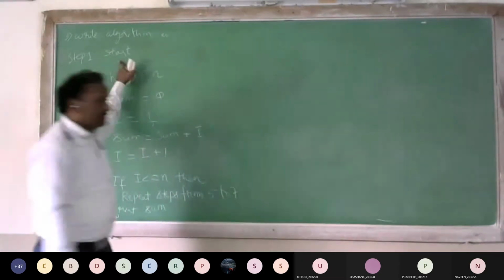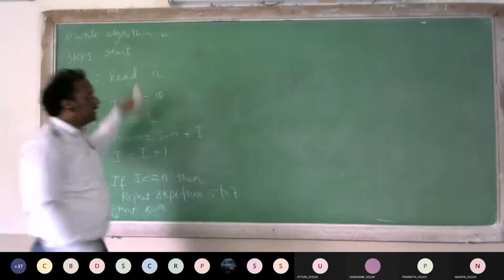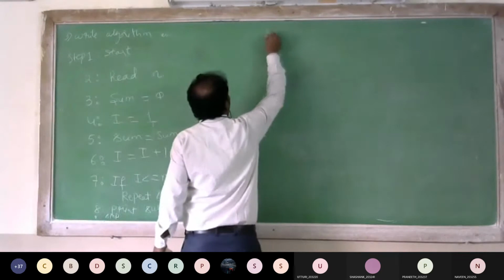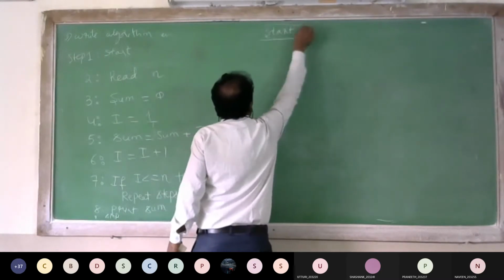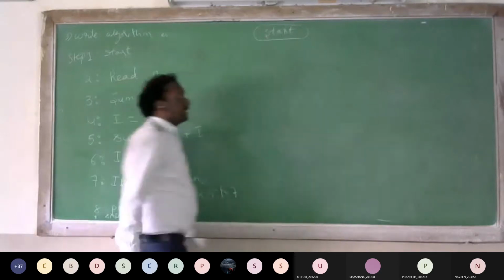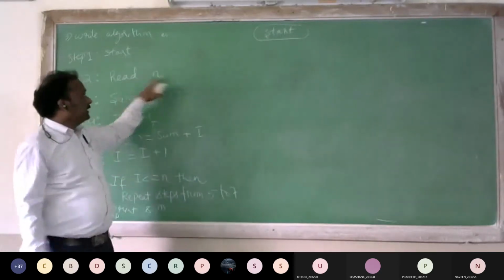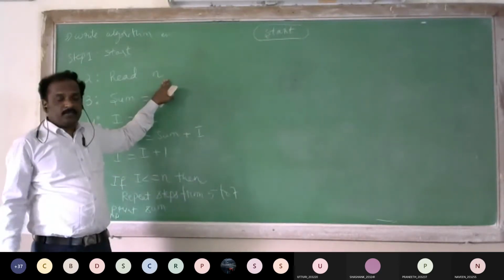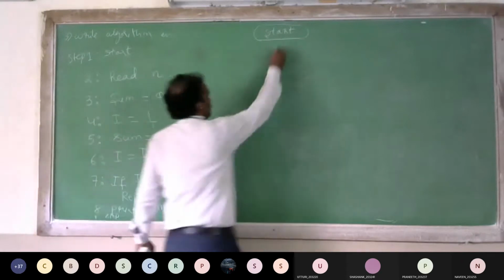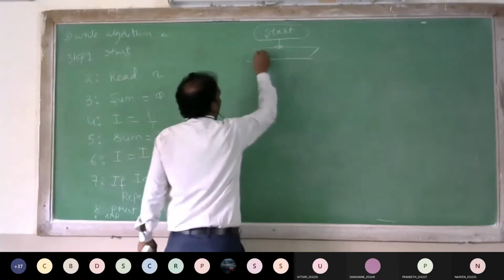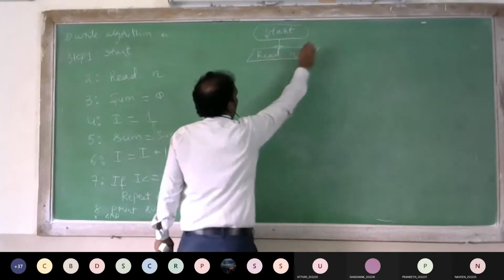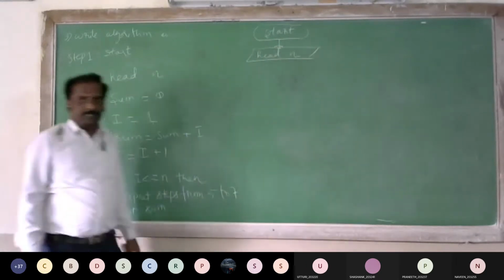So what is the first step? First step is always start. The start symbol is an oval. What is the next step? Read N. So input. For input we will use the parallelogram symbol.